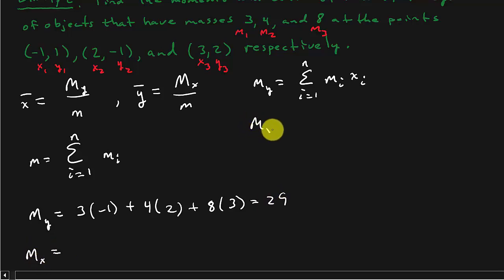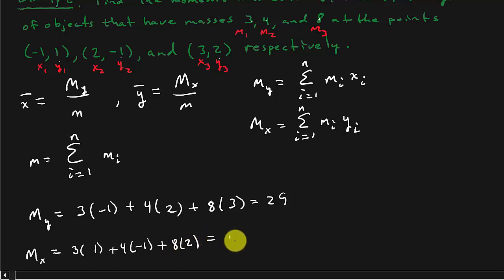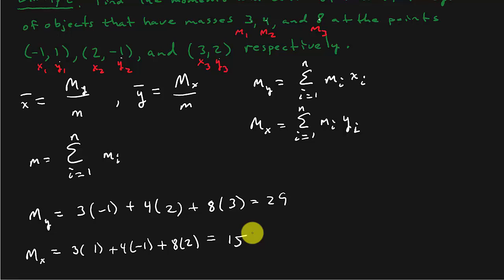Well, remember, Mx is the sum of i equals 1 to n of m sub i times y sub i. So I'm going to multiply each of these masses times y1, y2, y3 respectively, and sum them up. So that's going to give me 3 times 1 plus 4 times -1 plus 8 times 2, and that gives me 15. All right, so there's my Mx.